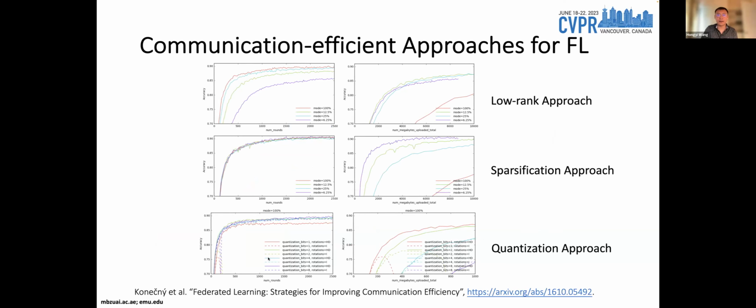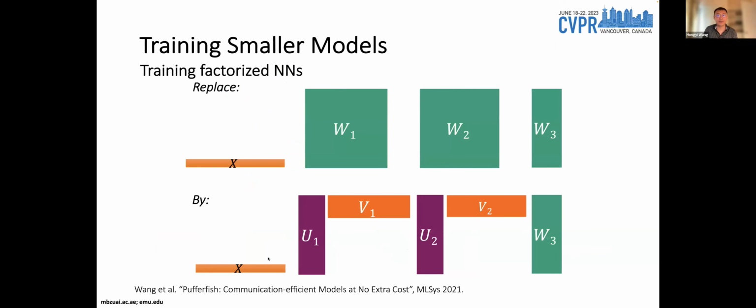Another method for low rank training can also be done here. In the previous paper, the U weights are not trained, but people have also tried to evaluate what will happen if both the U and the V weights are trained.